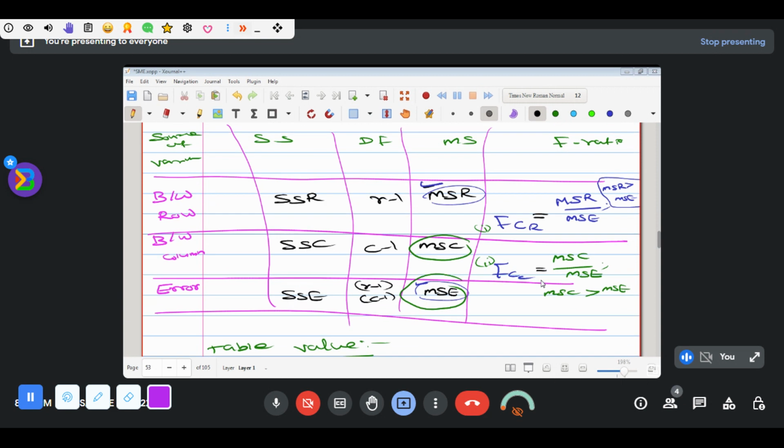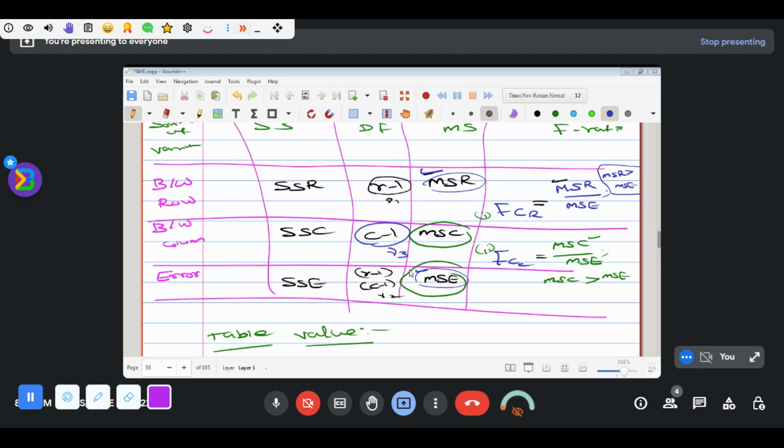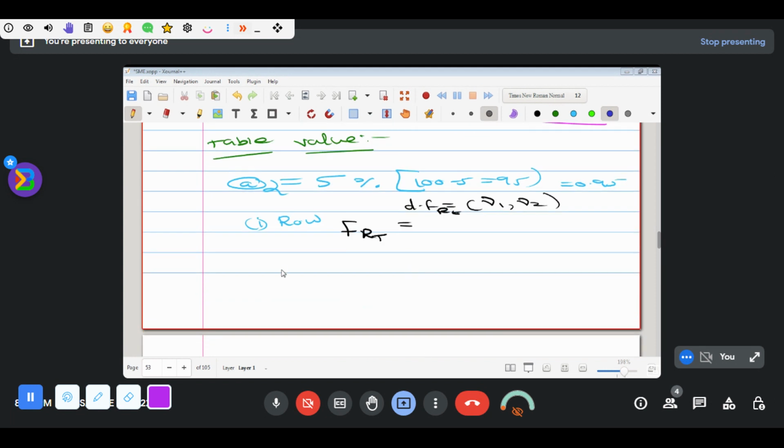As I already told you in the one-way calculation, whichever is greater, its corresponding value is called comma 1 and the other is called comma 2. Same idea for the other formula: comma 1, comma 2 I am already taking, therefore this one is the numerator, and this one I take as comma 3. This row part is over.